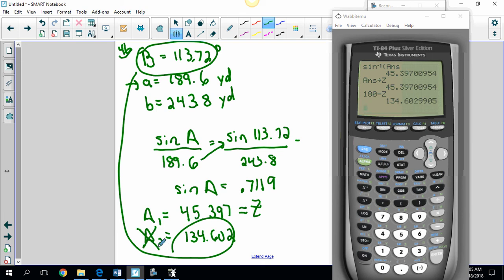Therefore, that guy's out. Therefore, you only got one triangle, which is great, because now we're almost done.